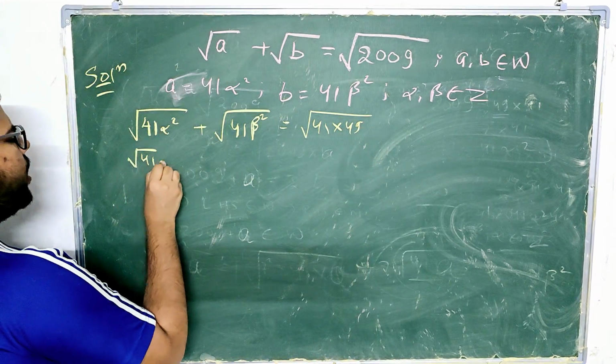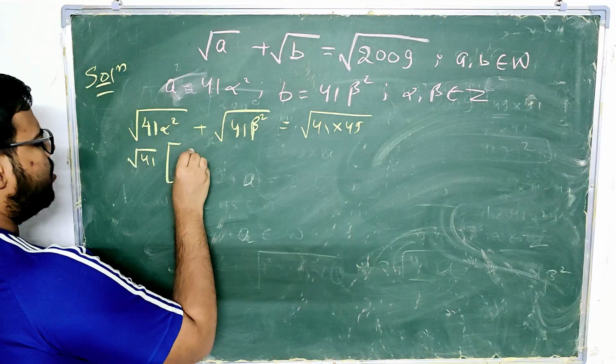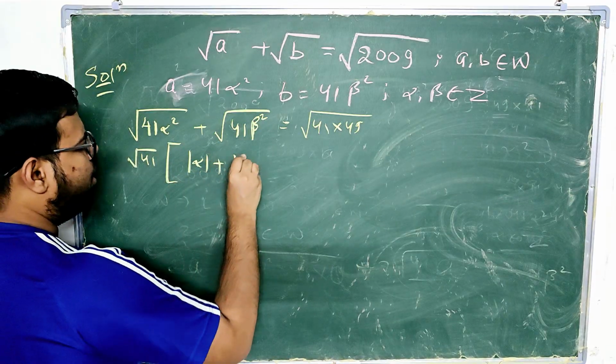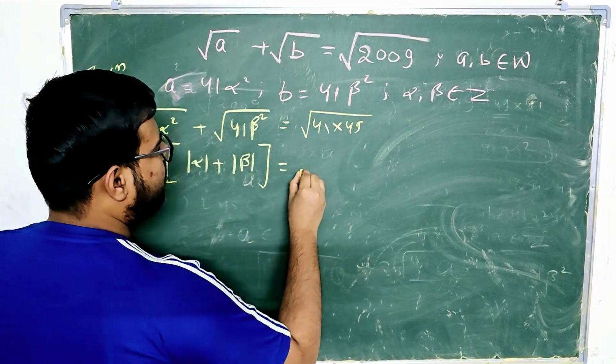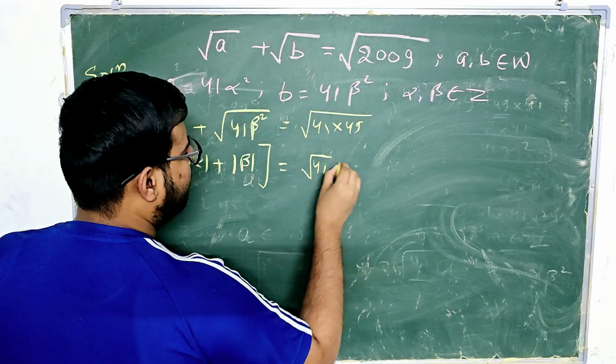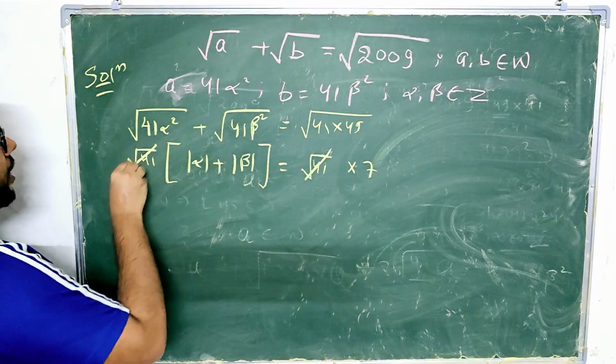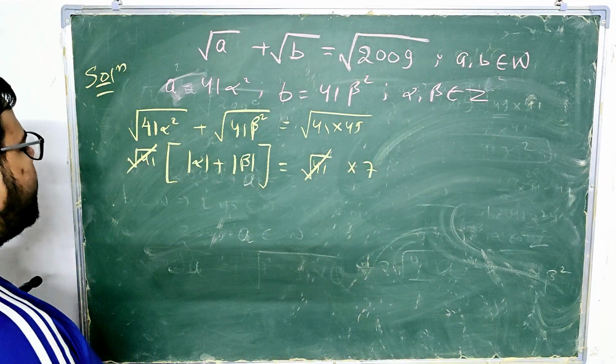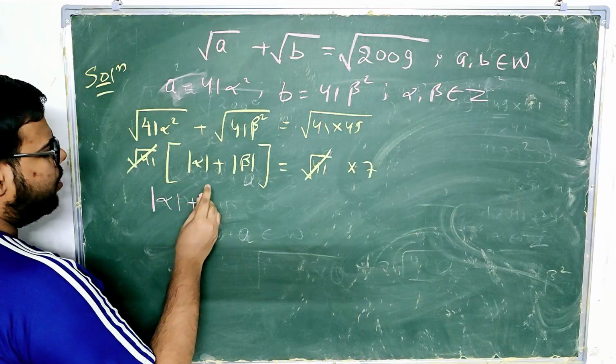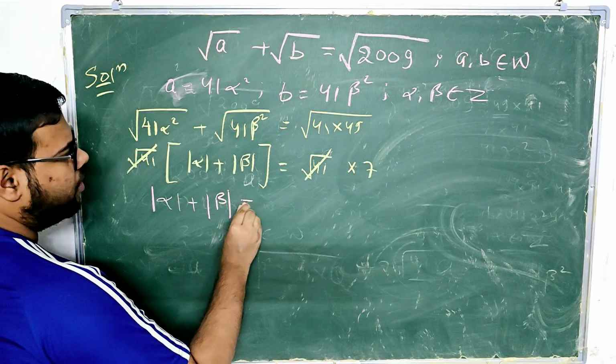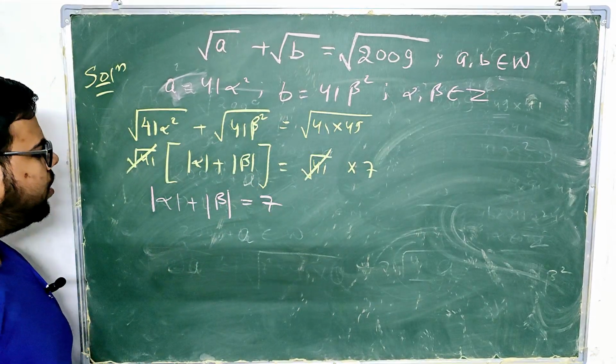So square root of 41 times modulus of alpha plus modulus of beta is equal to square root of 41 times 7. So 41 and 41 get cancelled. So you have the expression alpha plus beta is 7, right?